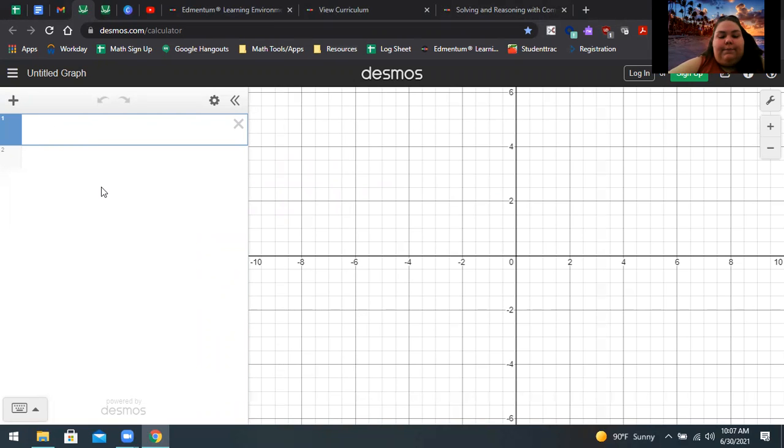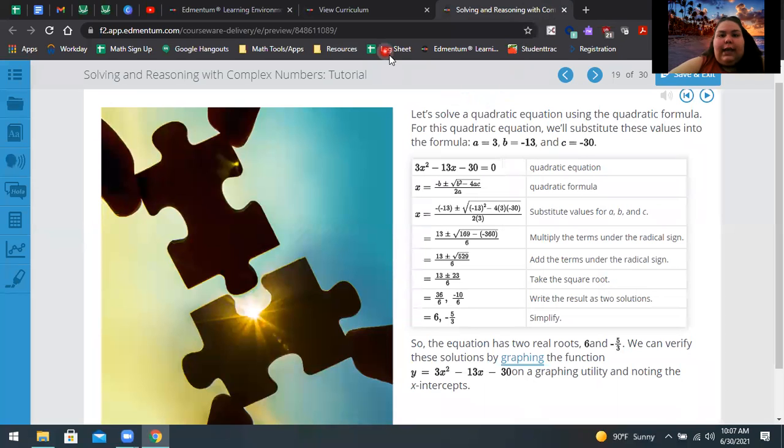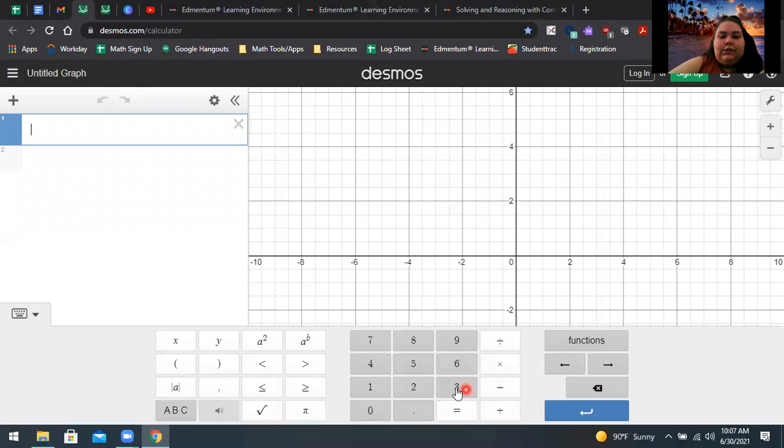Now, I tend to use the keyboard a lot. You can press at the bottom left corner, show keypad, and you can just press on the buttons there. So I think we started out with 3x squared minus 13x. So let me go back over here. Okay, so 3, here's my x.